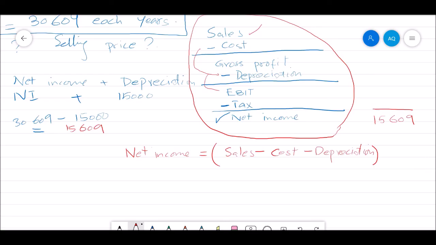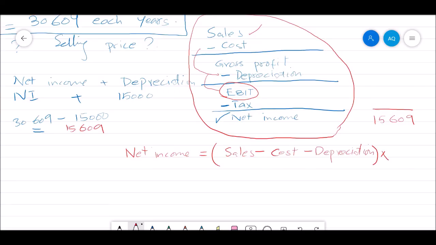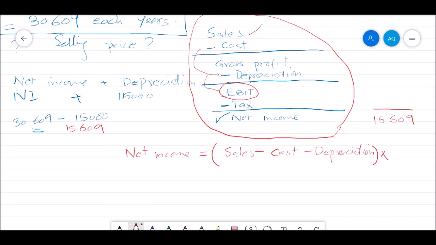If we deduct the depreciation, we will have EBIT. Then we multiply EBIT by 1 minus our tax rate, and then we have net income. So what is our net income? 15,609.